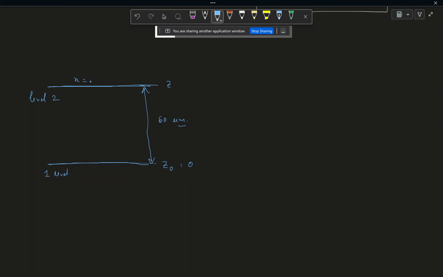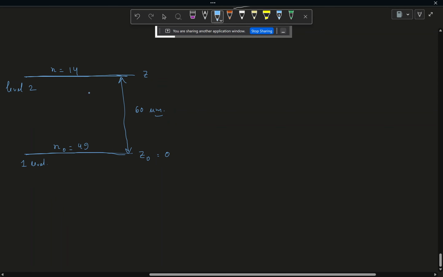We can equivalently say that, and we choose from the question that on the first level the number n0 is given as 49, and on level number 2 the value of n is given as 40.